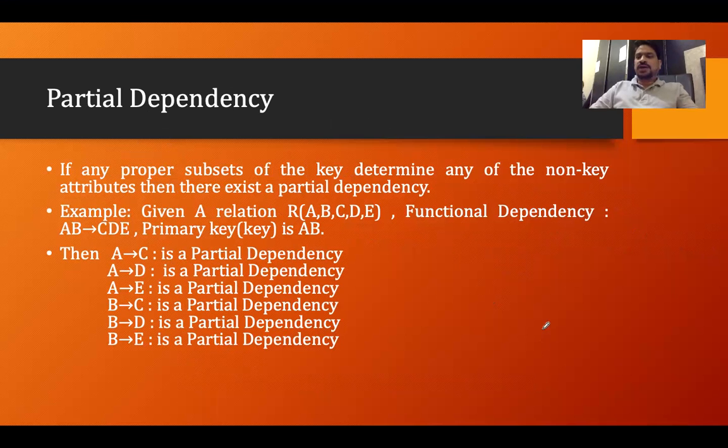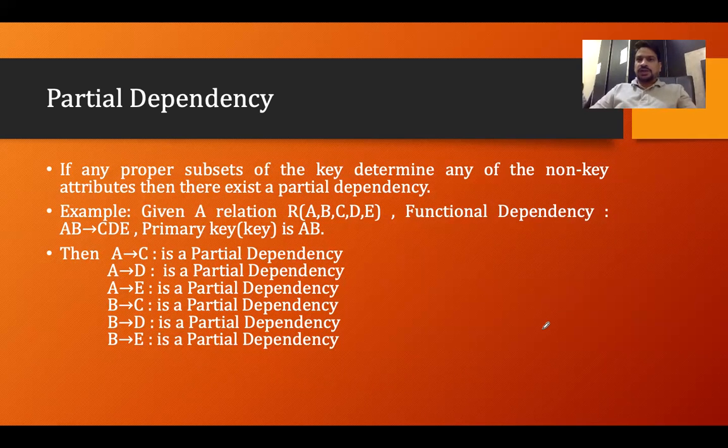About partial dependency. Now, what are the dependencies we have seen? Let's count it out. We have seen full functional dependency, right? We have seen trivial functional dependency, right? What is full functional dependency?